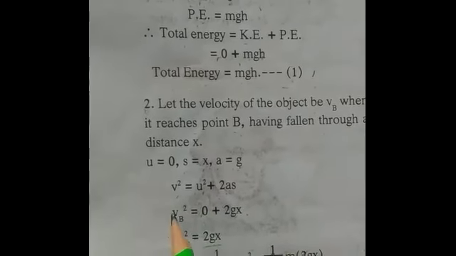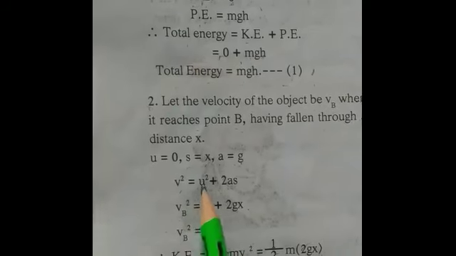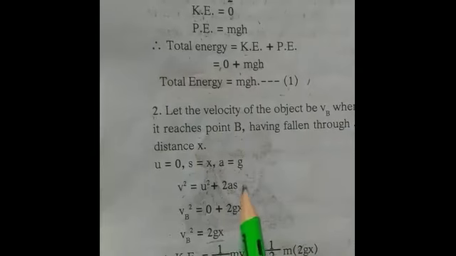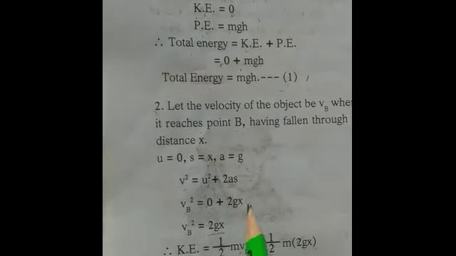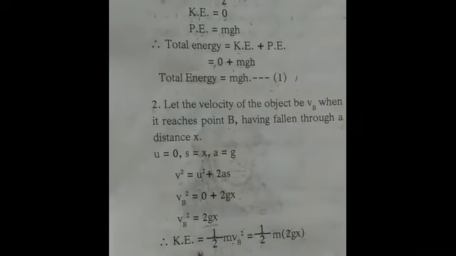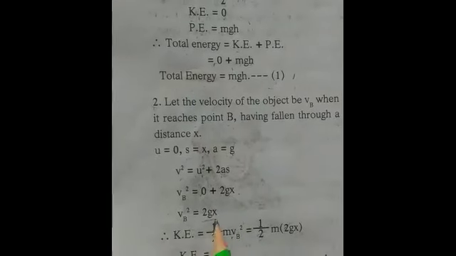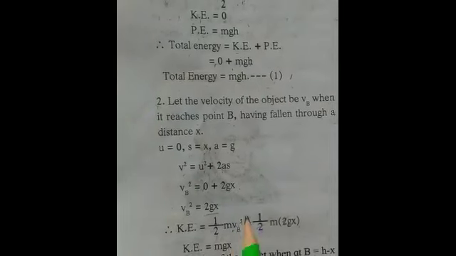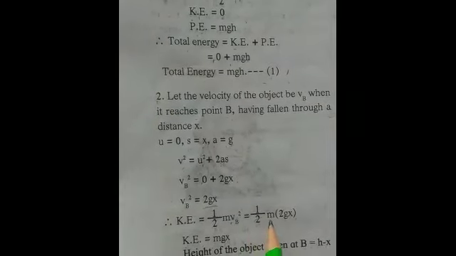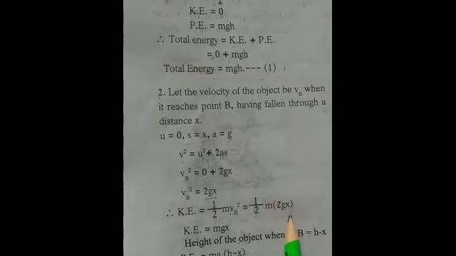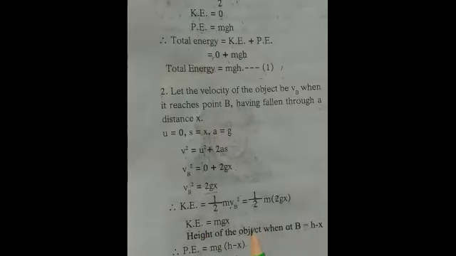Now substitute here, vb square is equal to u, that is 0, plus 2gx, a means g and s means x. Therefore vb square is equal to twice gx. Now our formula of kinetic energy is 1/2 mv square. So in place of v you should take vb square. Therefore 1/2 m into twice gx. Therefore kinetic energy is equal to mgx.